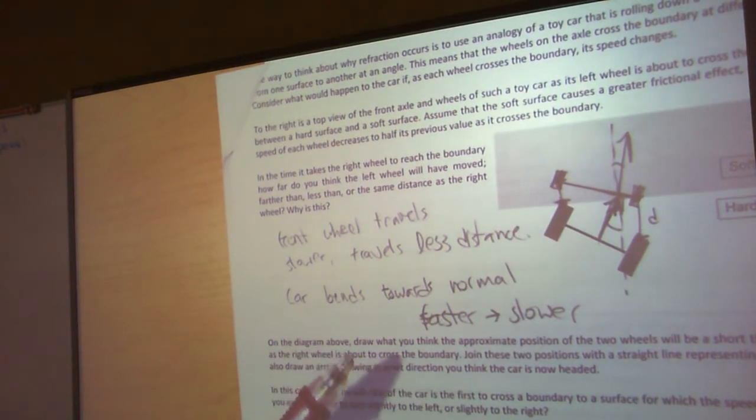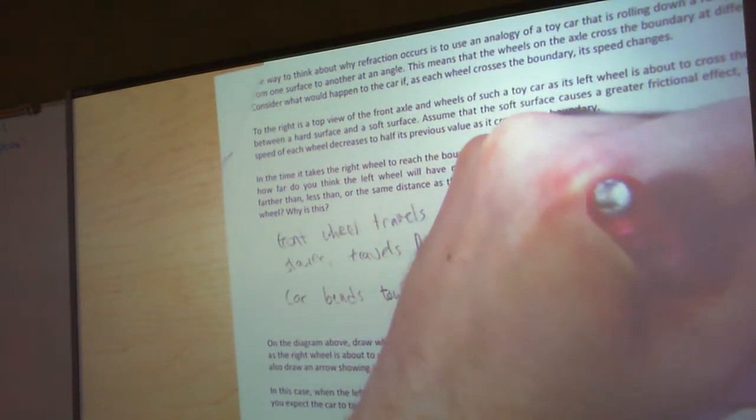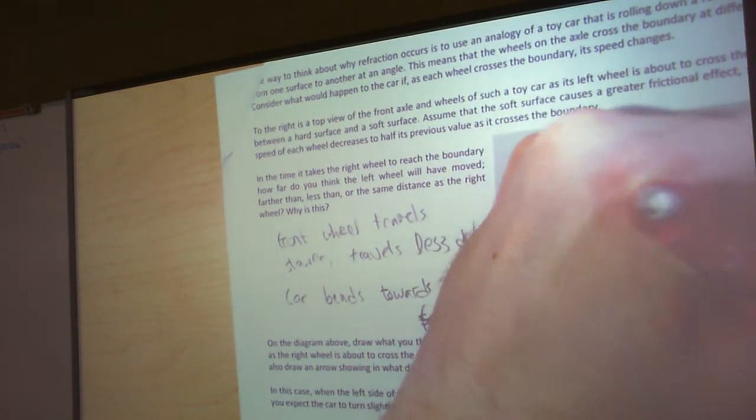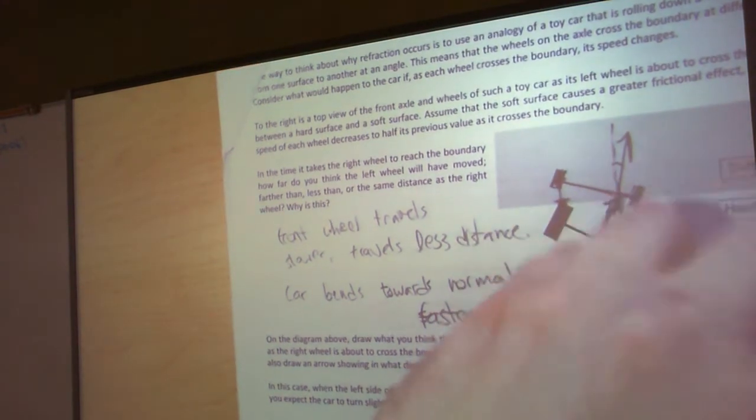And this is the same thing we see when we go from faster to slower. Does a lower refractive index mean faster speed? Yes. So this is the same thing as going from lower n to higher n.